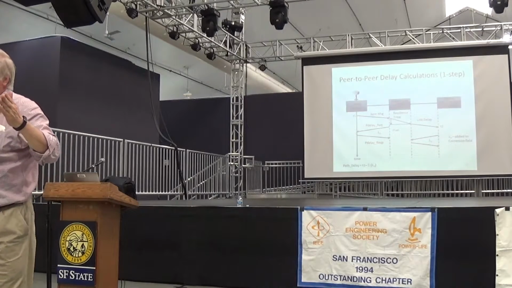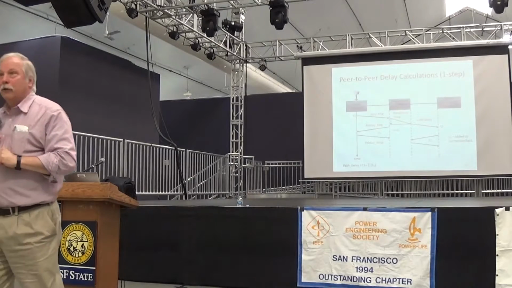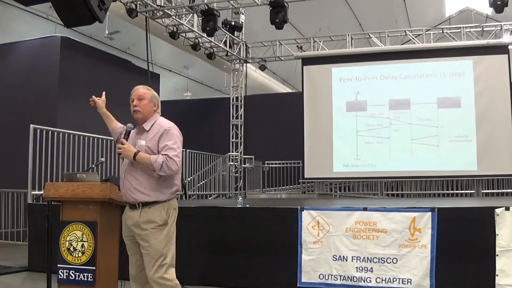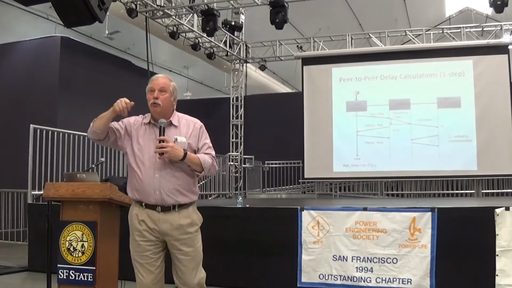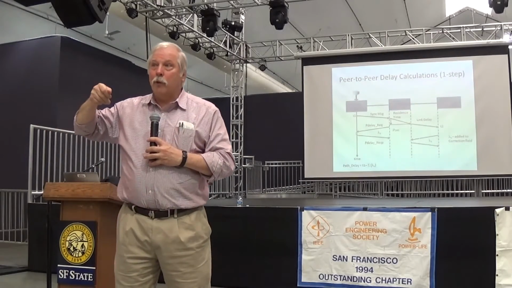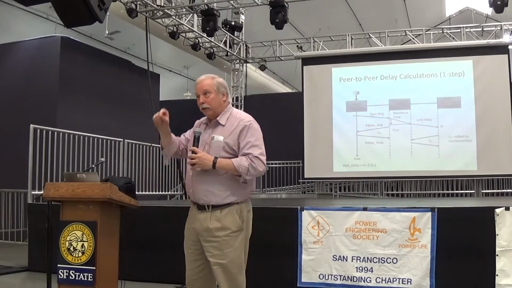So I'm no longer concerned about variance between forward and reverse time delay. Using the peer delay mechanism, it eliminates that error in the time synchronization. So this is what the utility industry has chosen. It says if you use the 9-3 profile of 61850, this is how you calculate the delays through the network.